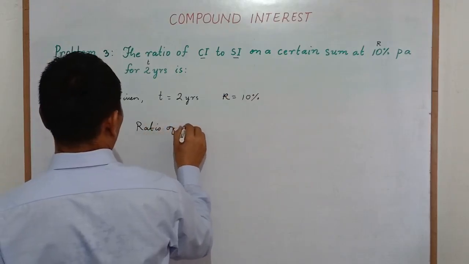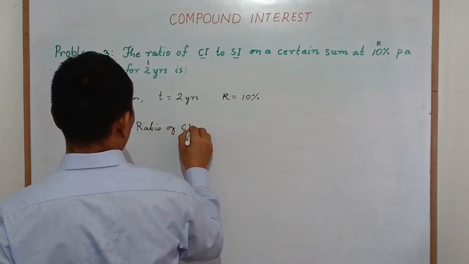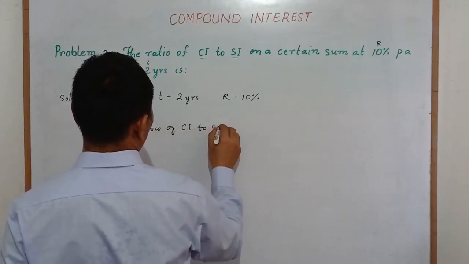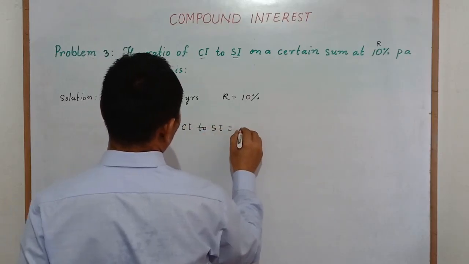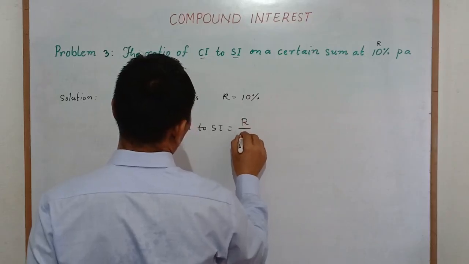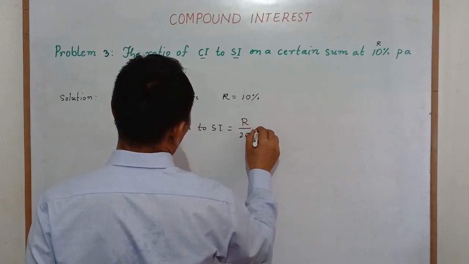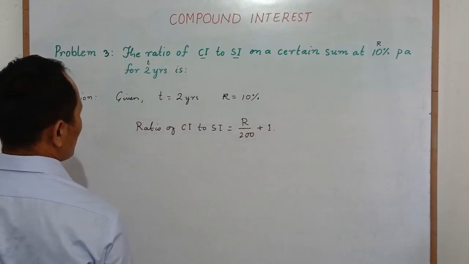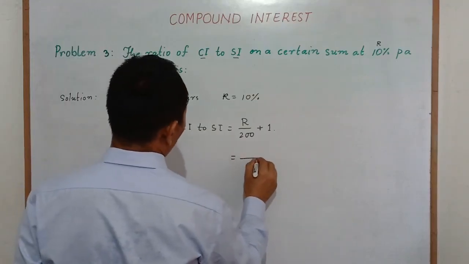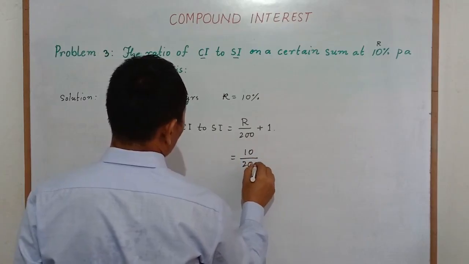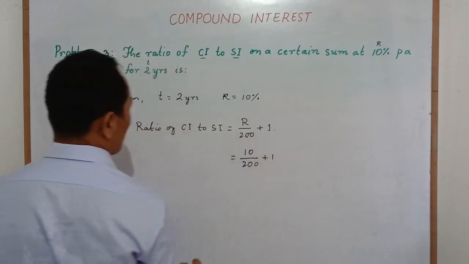Ratio of compound interest to simple interest is equal to R by 200 plus 1. It's a ready-made ratio formula. R is 10 again, so 10 by 200 plus 1.